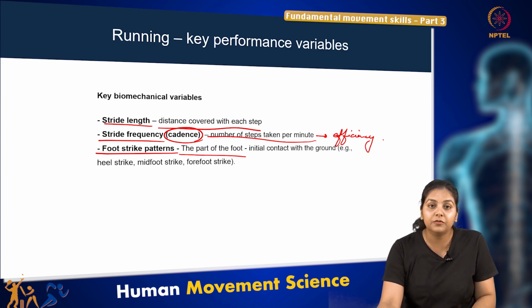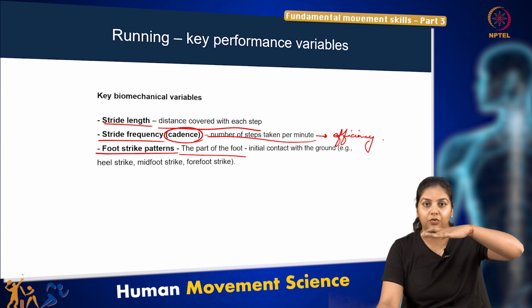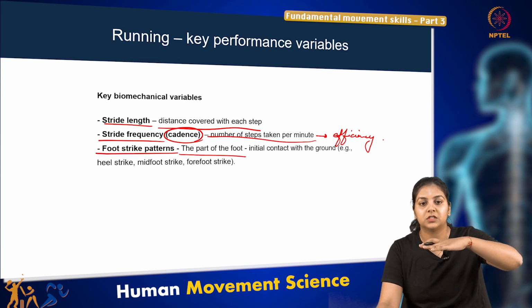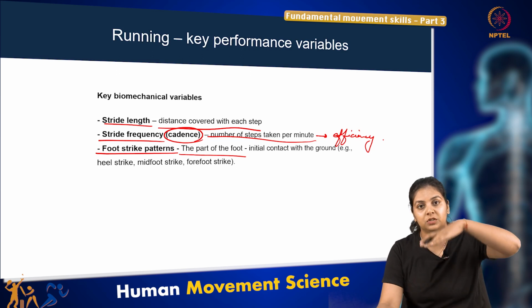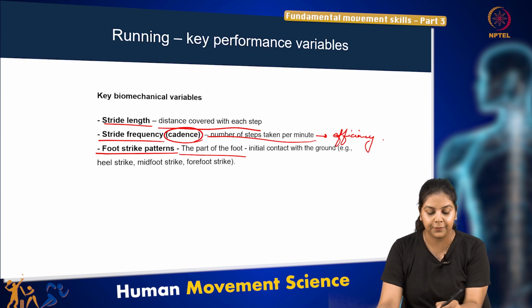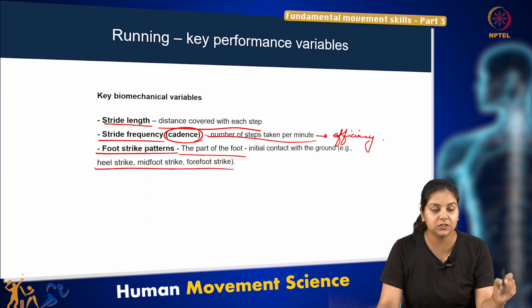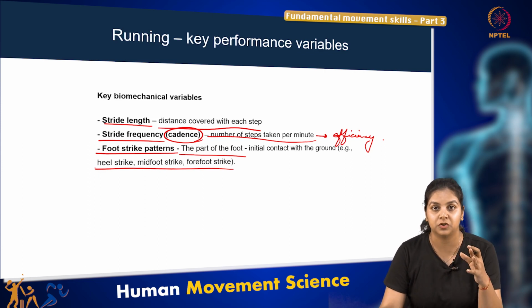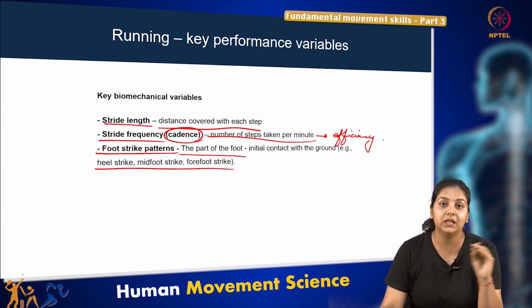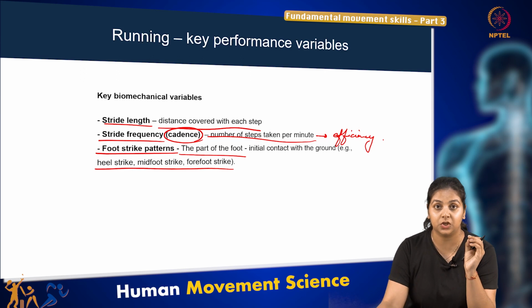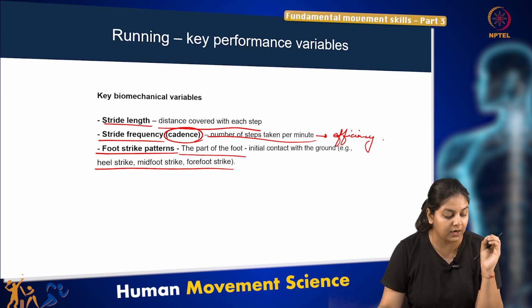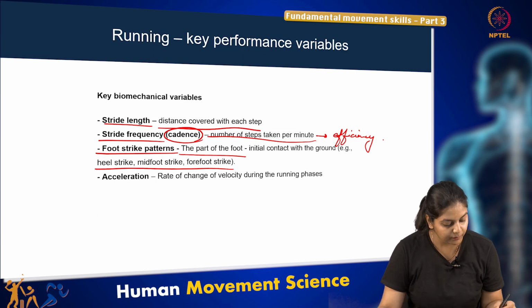If you're a mid-foot striker, you would land flat on the ground with the mid-foot striking first. If you're a forefoot striker, you would land on the forefoot. So you could be either a heel striker, mid-foot striker, or forefoot striker. Now, bear in mind, all these three techniques have different performance characteristics and also different injury considerations. So it's important for you to understand how your athlete is striking the ground.